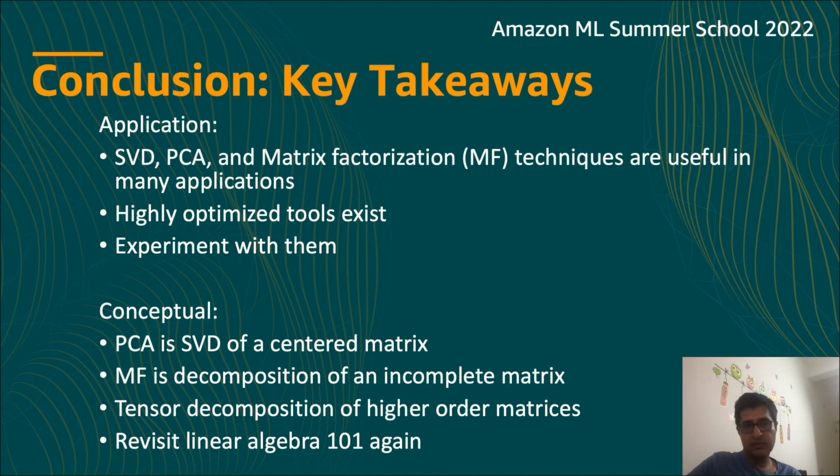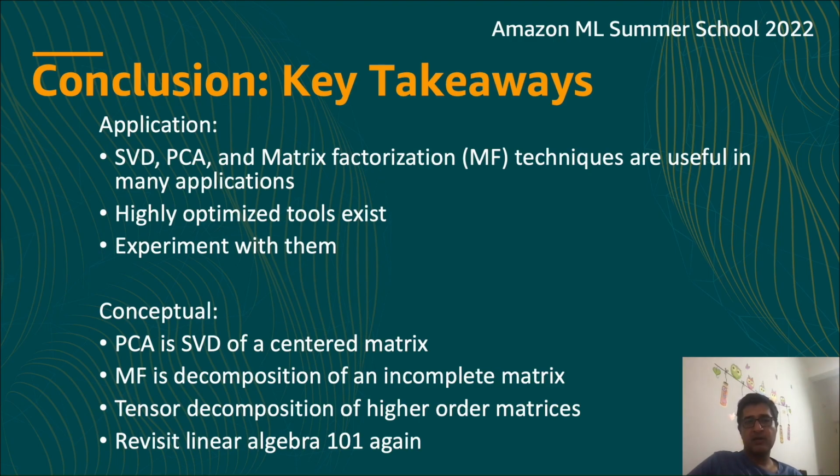Many of these, like the matrix factorization solution to recommendation systems, are actually the state of the art for giving movie recommendations, right? And just to revise what we have learned in terms of the conceptual items that we went through. PCA is your singular value decomposition of a centered matrix. A centered matrix is one where you have just taken the rows of the X matrix and subtracted the mean out of that.